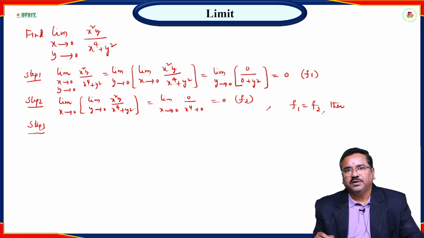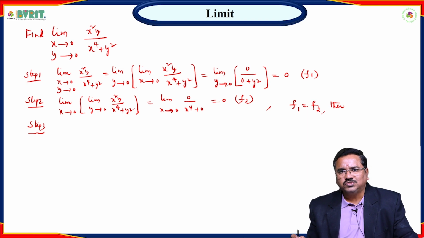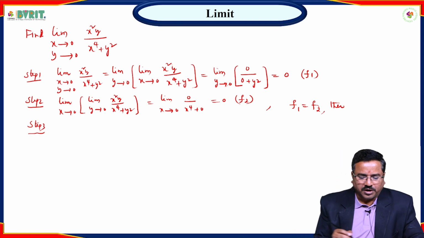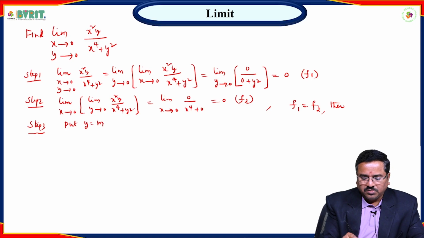What is step 3? Along y is equal to mx. Y is equal to mx also passes through the origin, so along this path also you have to compute. Put y is equal to mx. So, limit y is equal to mx and x tends to 0.